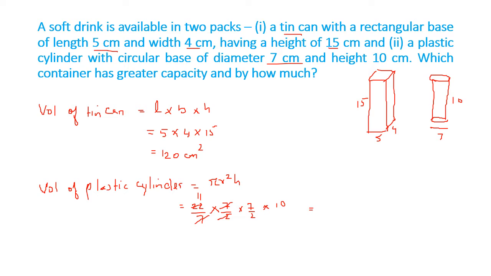So 77 into 10 is 770 upon 2, or we have how much? 385. 2 1s are 2, 5s are 5. So 385 centimeter cube is the volume of the cylindrical plastic can.